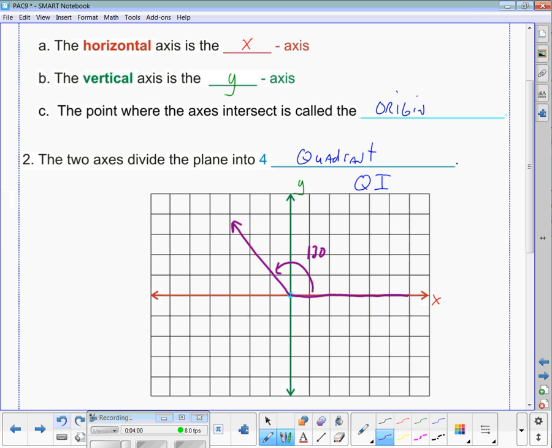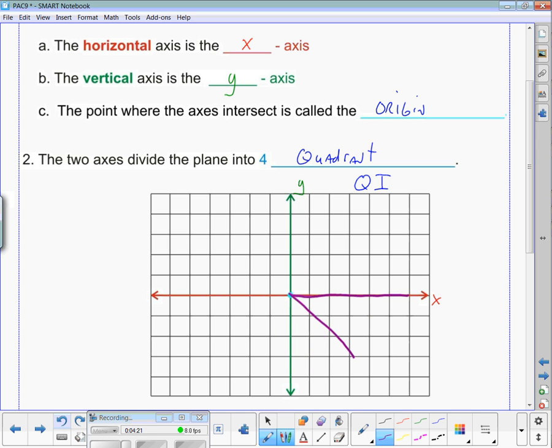Open the angle further, maybe about 220 degrees, and now you're in quadrant III. Open that up even further, about 300 degrees, and then you're in quadrant IV.